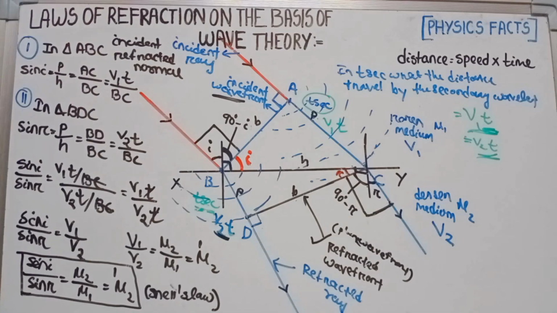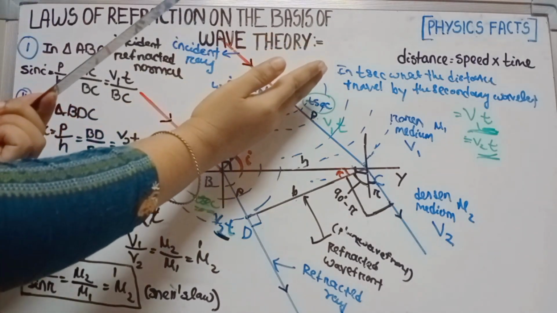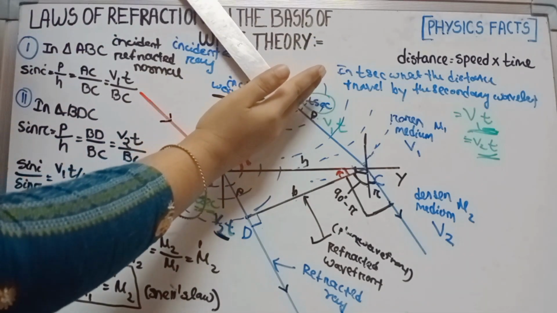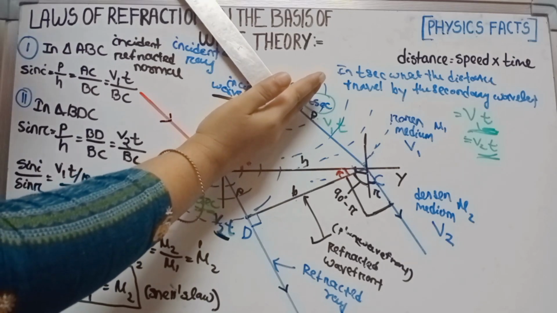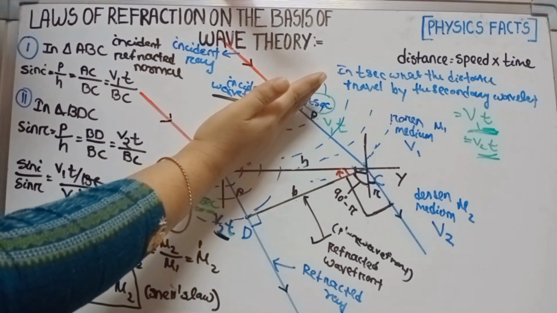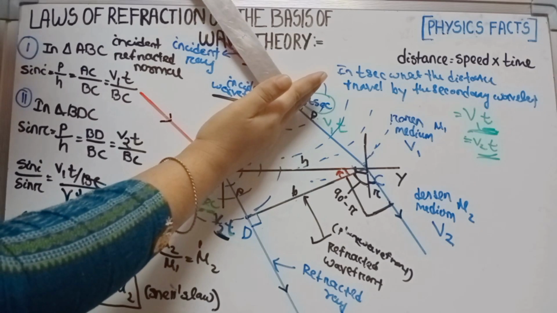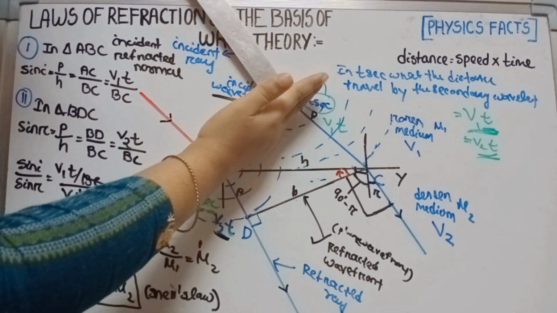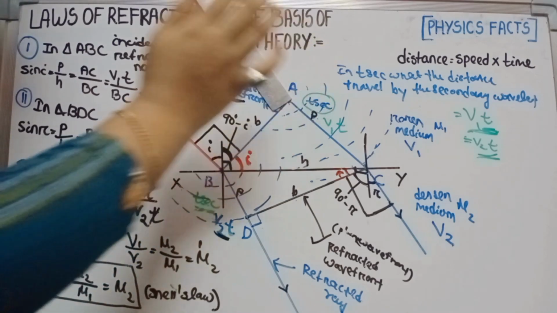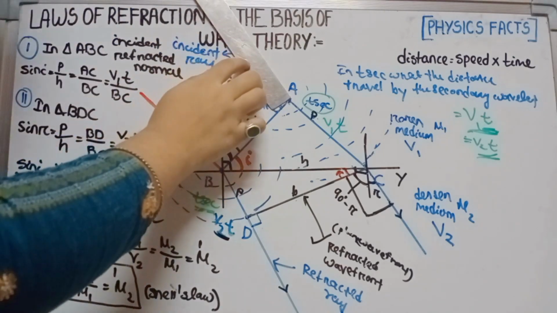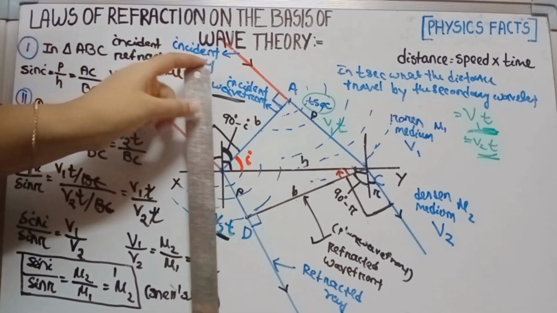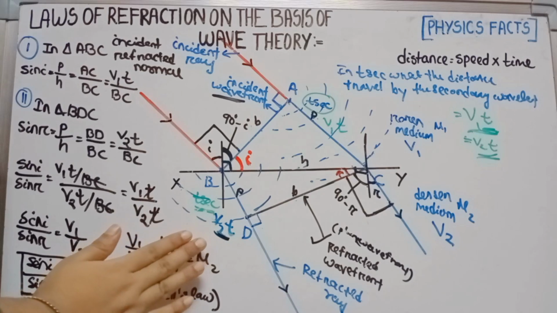And one more thing. This is our incident wavefront, and this is our incident ray, which is perpendicular to the incident wavefront. That means this incident ray lies on this board. Likewise, this incident ray, this refracted ray, and this normal all lie in this plane of the board.